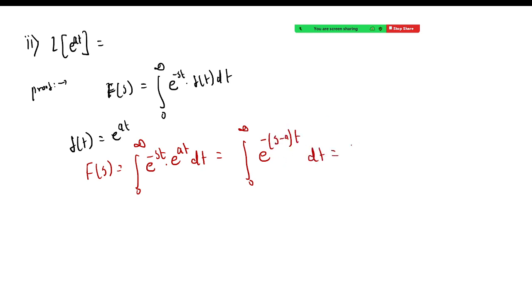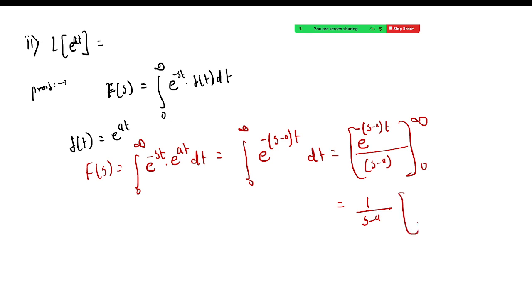Again, this is an exponential function, so the integral is e to the power minus (s minus a)t divided by minus (s minus a), and once I substitute the integral limits 0 to infinity, again I'll take common 1 upon s minus a, and e to the power minus (s minus a) times infinity minus e to the power 0, where the first term will be 0.